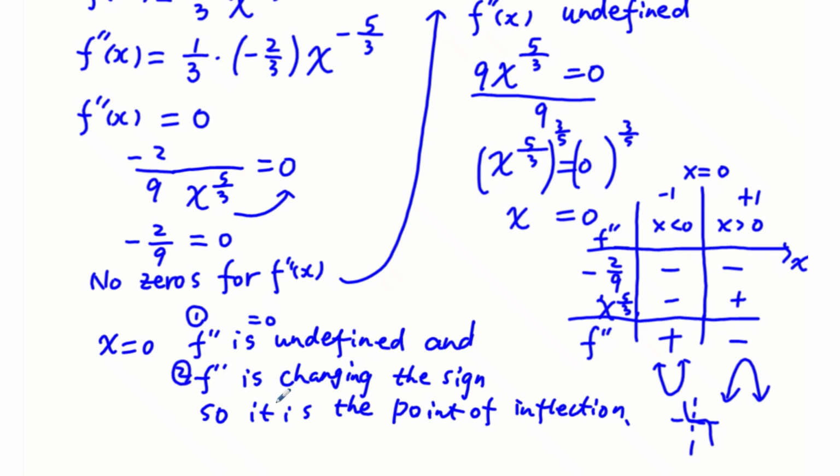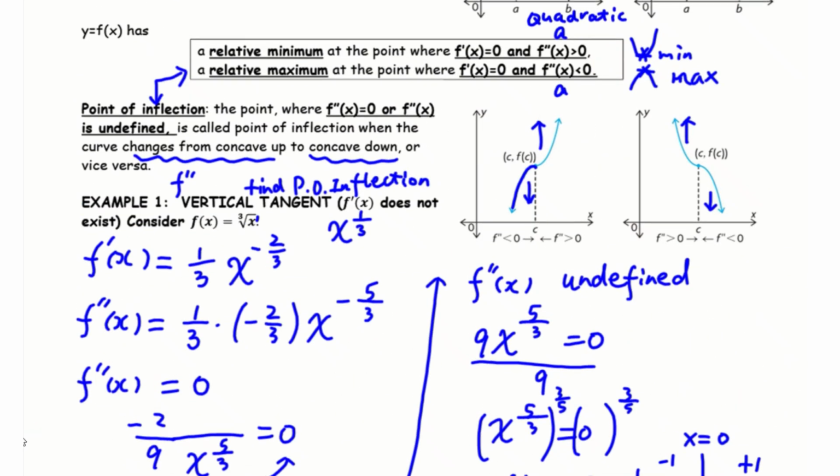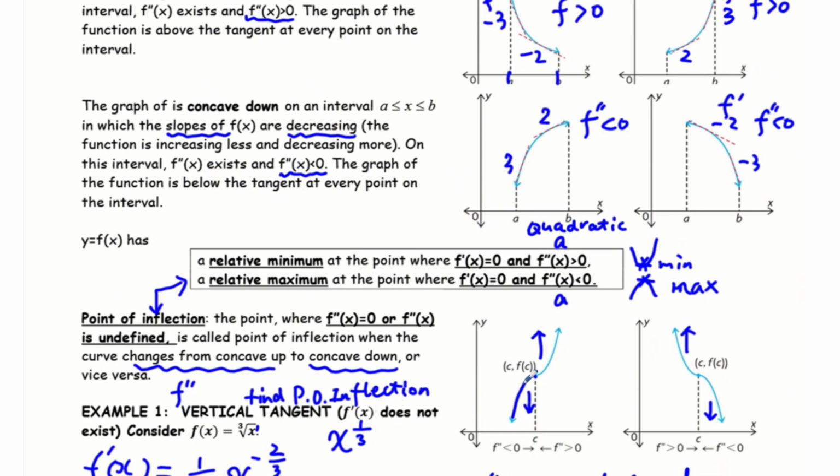If it doesn't change sign, it means it will be either concave up or concave down, so you will have a relative maximum or minimum. Only when the sign changes, so this f double prime is open down, is negative, and this is positive, we call it a point of inflection.